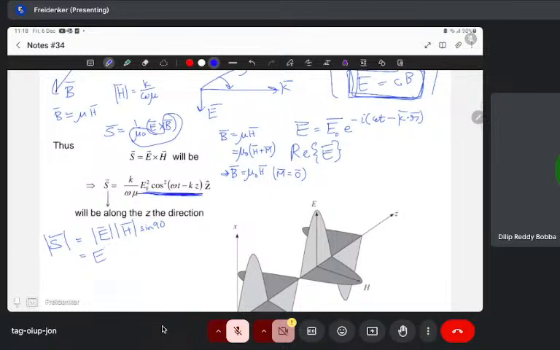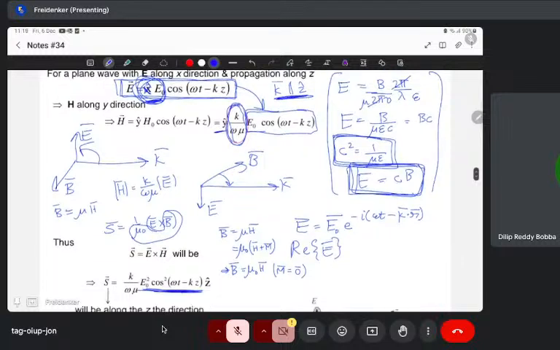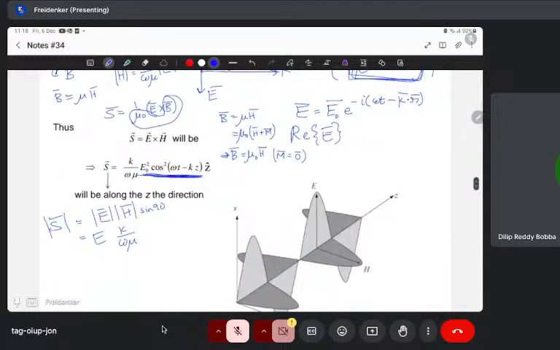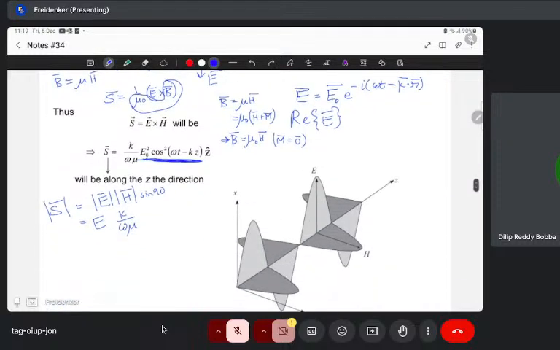H magnitude is basically k by omega mu. There are multiple ways to remember things. Whichever one is easier for you, you can go through it.